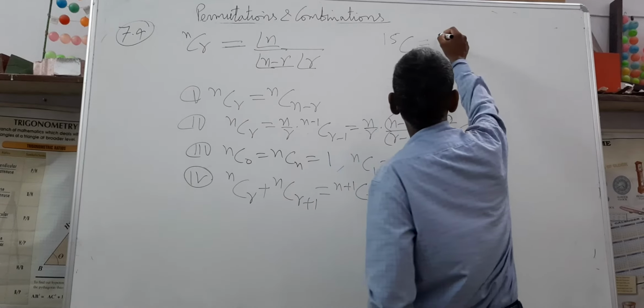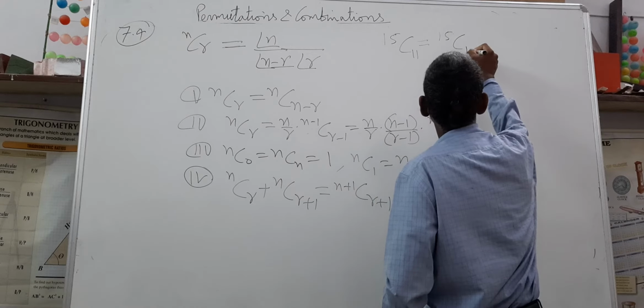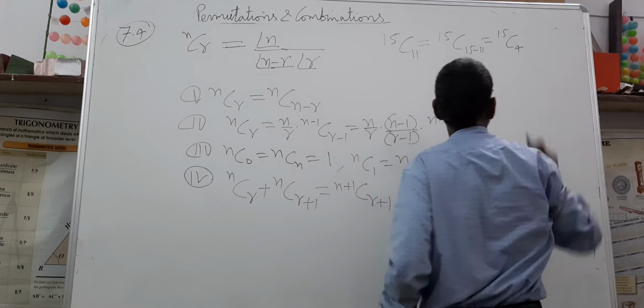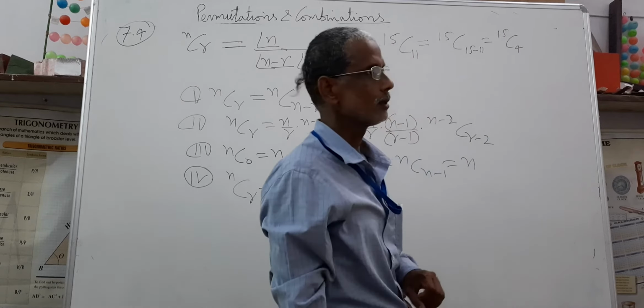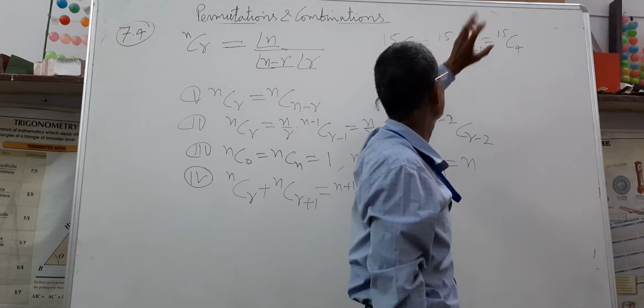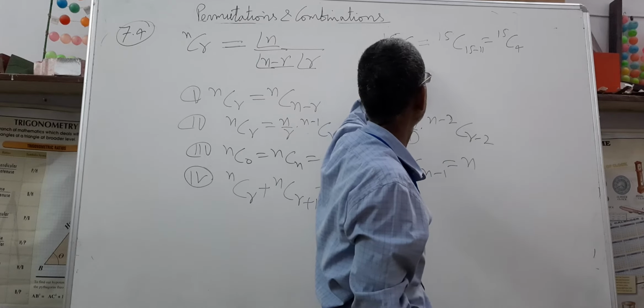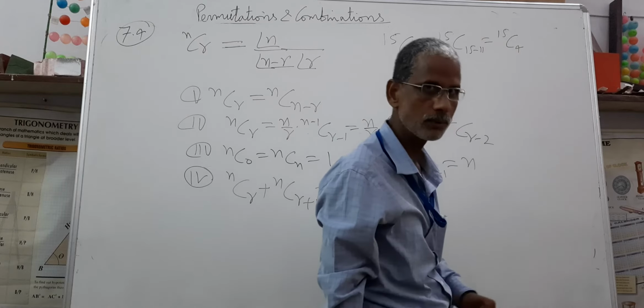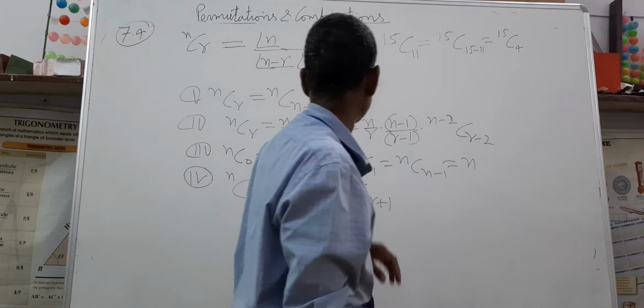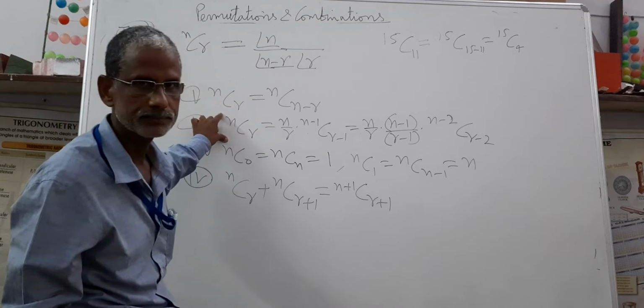So this becomes 15C(15 minus 11), that is 15C4. If you become perfect, then no need to write this. Simply write 15C11 is equal to 15C4. Then use this concept.